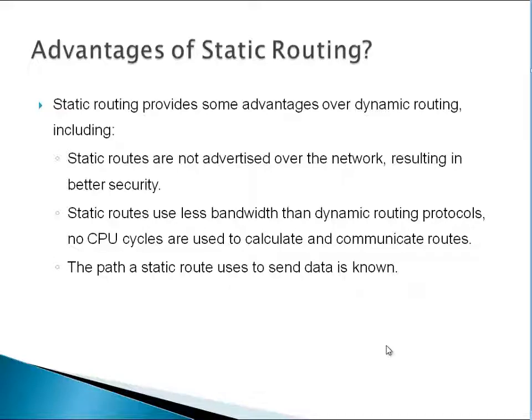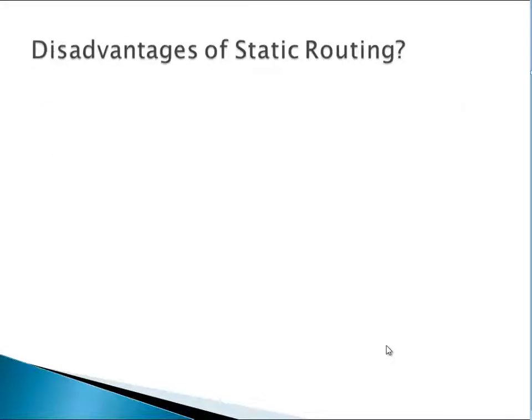So we have three really big advantages. First is security, much better security because we're not advertising to our neighbors. The second is that we're saving on CPU and memory processes. Then we know the path the packet is going to flow.